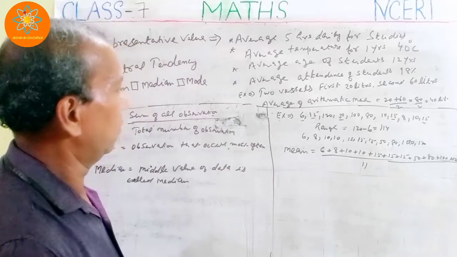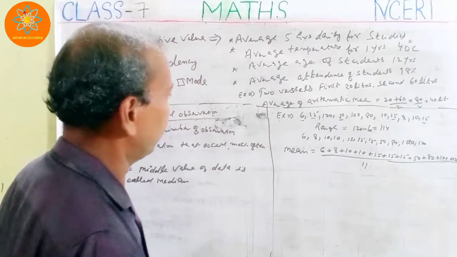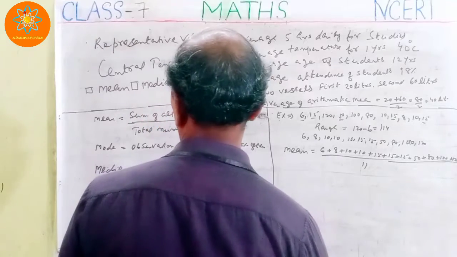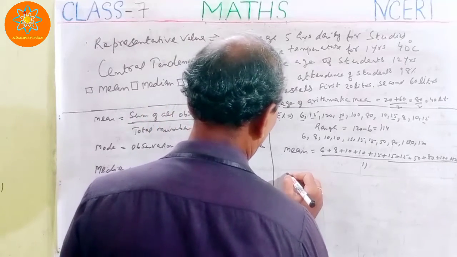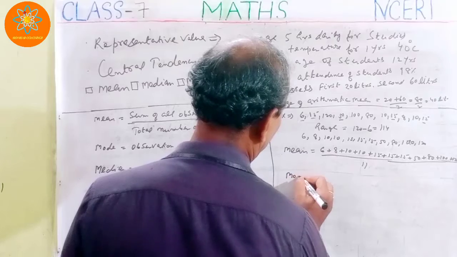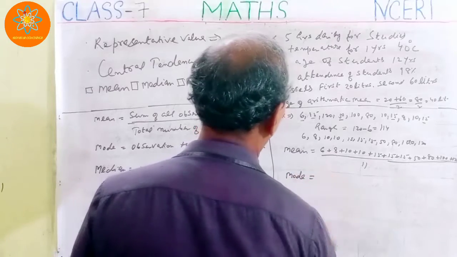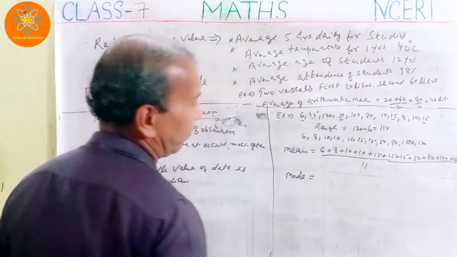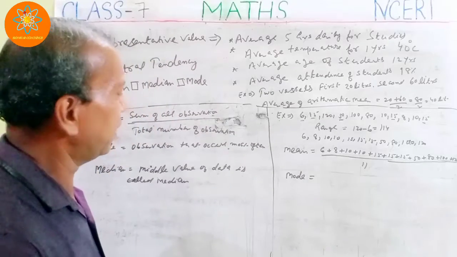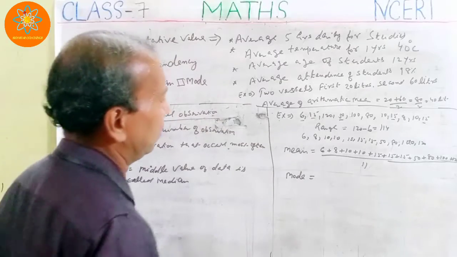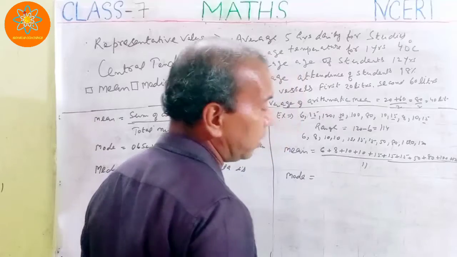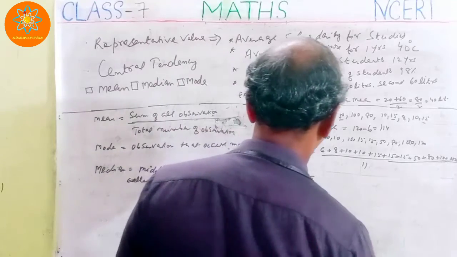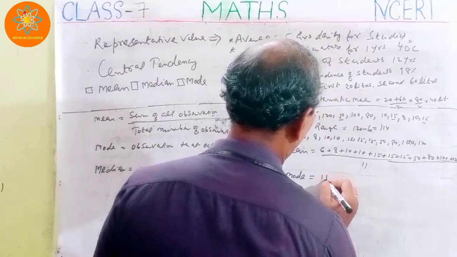So this is mean. After mean, I want to find the mode. You will see here the 15 occurs 3 times. So mode is 15.